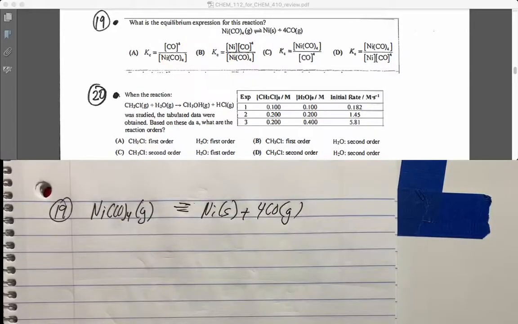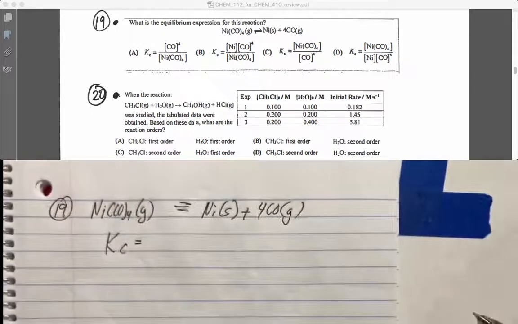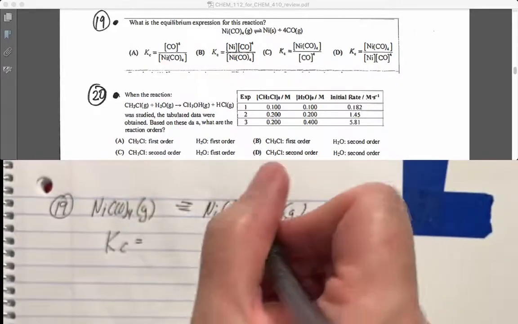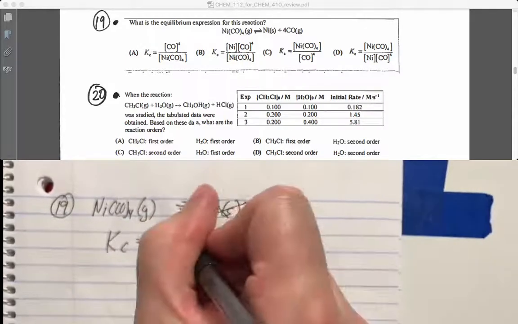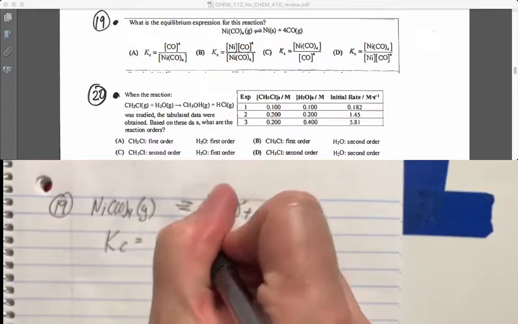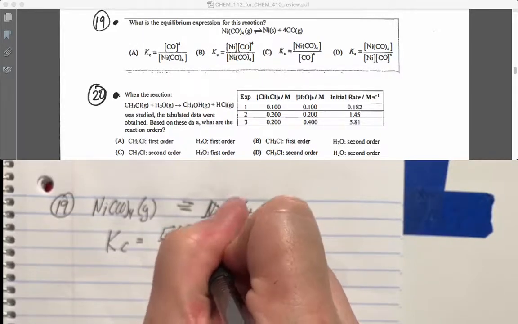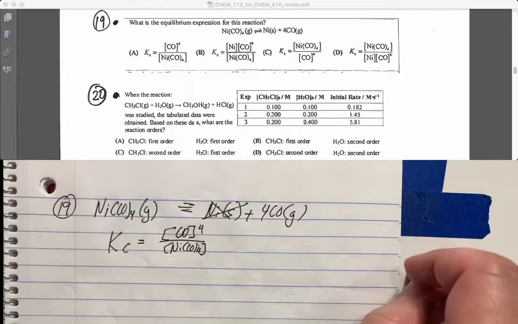And we want to write that equilibrium constant expression. The nickel doesn't contribute since it's a solid. And we've got CO raised to the 4th power and Ni(CO)4 on the bottom. And so that would be answer A.